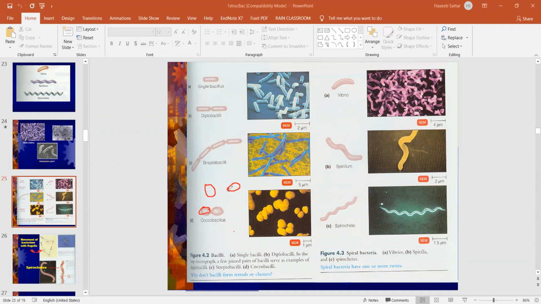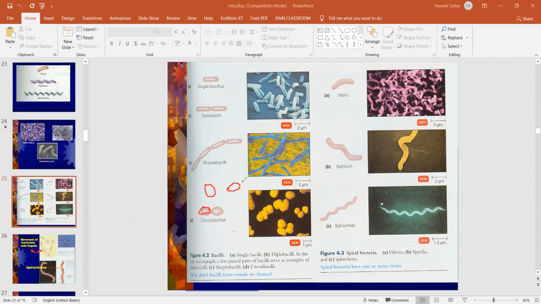Remember this: this classification is according to the morphology of the bacteria. We have different classifications of bacteria according to their morphology, their structure, as well as their staining. Medically, we classify bacteria according to their staining. What is staining? Staining means coloring.